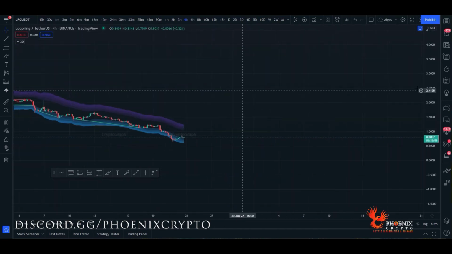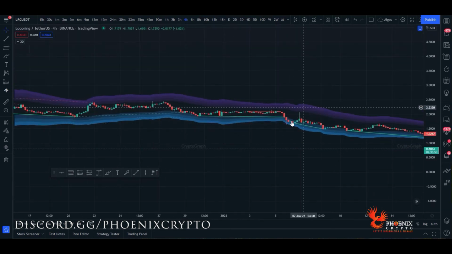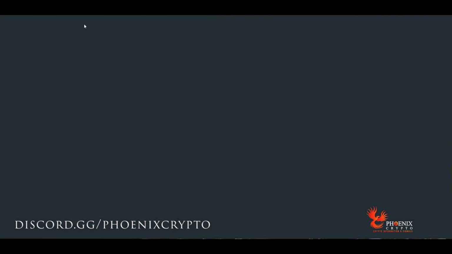But this is a very good, reliable way to short, and these opportunities are obvious because of Cryptograph and Keltner bands.